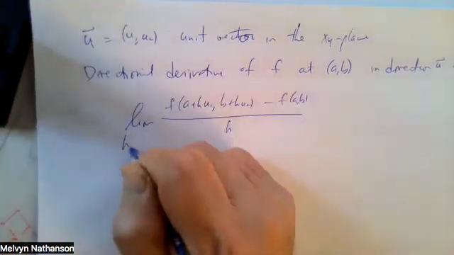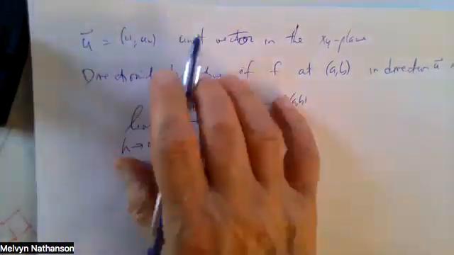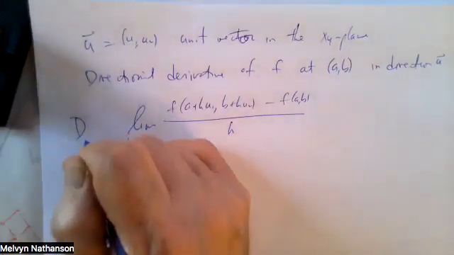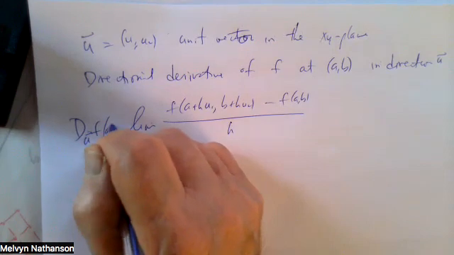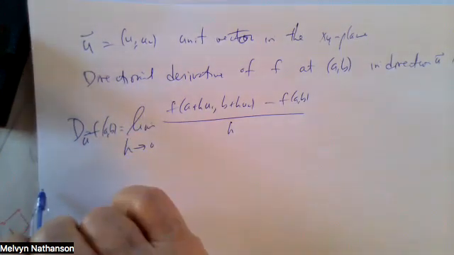Take the limit as h goes to 0, and we write this as capital D sub u of f at A, B.